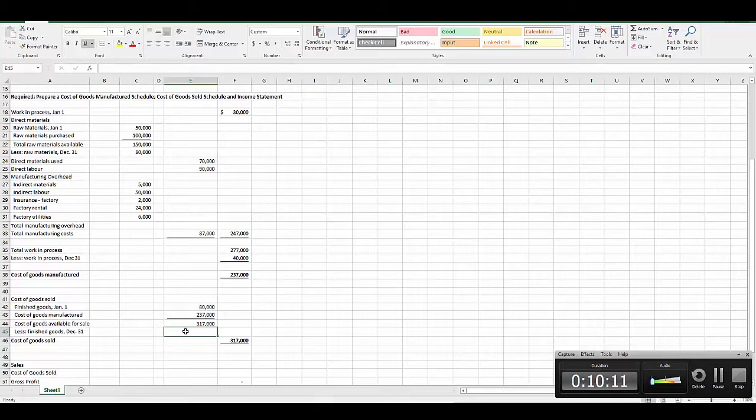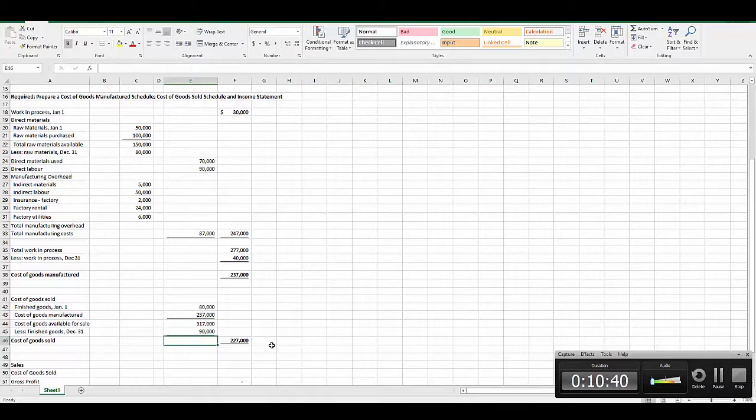So you're told in the problem that there was $90,000 worth of goods that were finished but were not sold at the end of the year. So we'll enter in our $90,000, and we want to subtract that 90 from the 317, so that gives us a cost of goods sold of $227,000. That completes our cost of goods sold schedule.